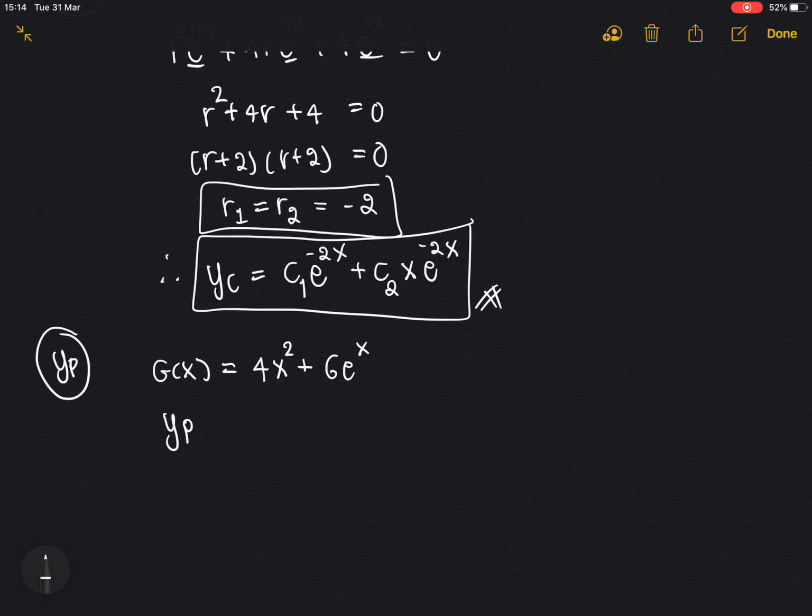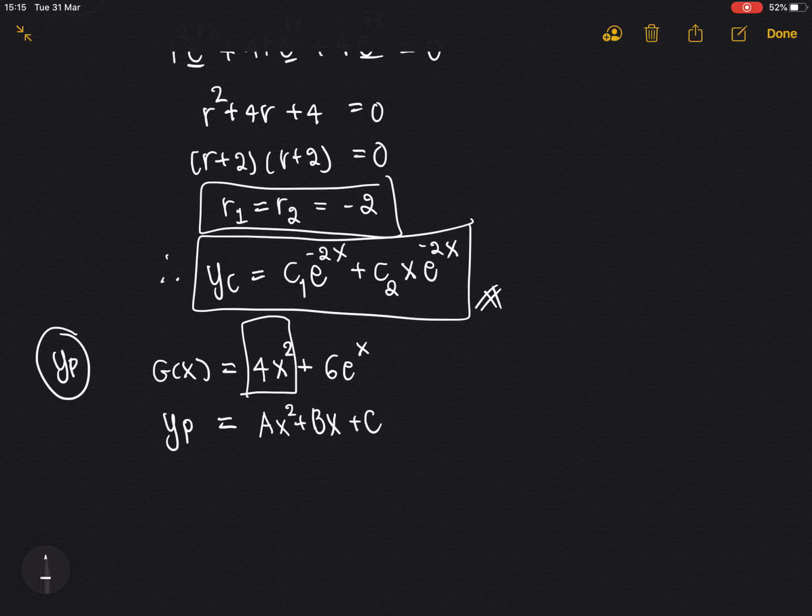Therefore your yp is equivalent to the combination of the polynomial function and the exponential function. So let's start with the polynomial function first. In this case, the highest degree of your polynomial is 2. Therefore, you will need to have 3 different constants. So that is ax squared plus bx plus c.